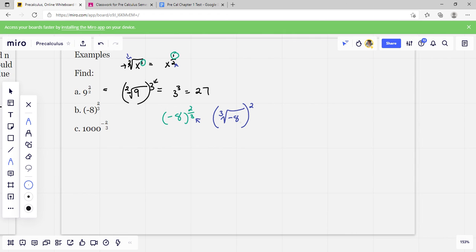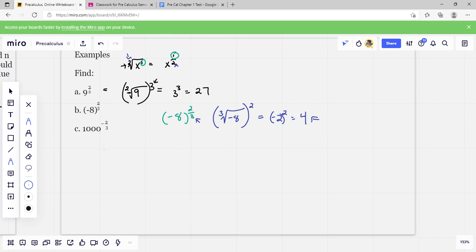The third root of negative 8 would be negative 2, because negative 2 times negative 2 times negative 2 is negative 8: 2 times 2 is 4, 4 times 2 is 8. But we still have to square that. So negative 2 times negative 2 equals positive 4. So that one is positive 4.